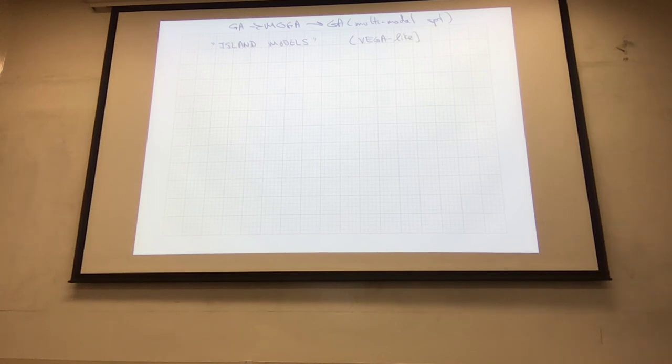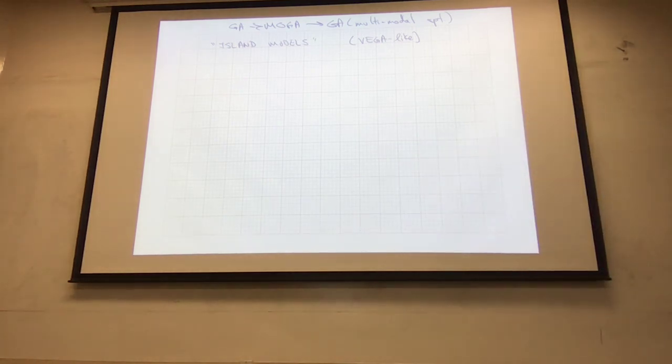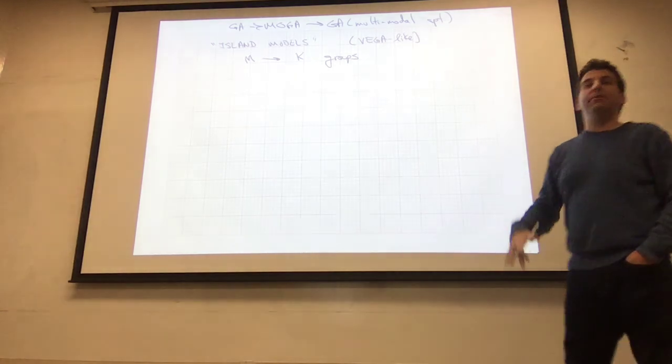is that what if we take my population of M individuals and I divide them arbitrarily into K groups, where each group evaluates the same objective.